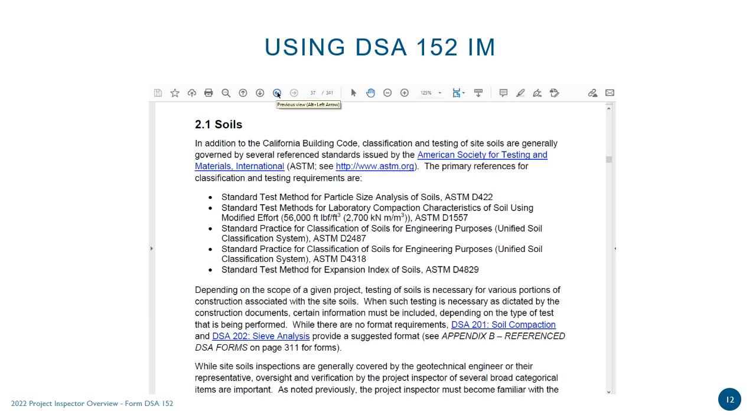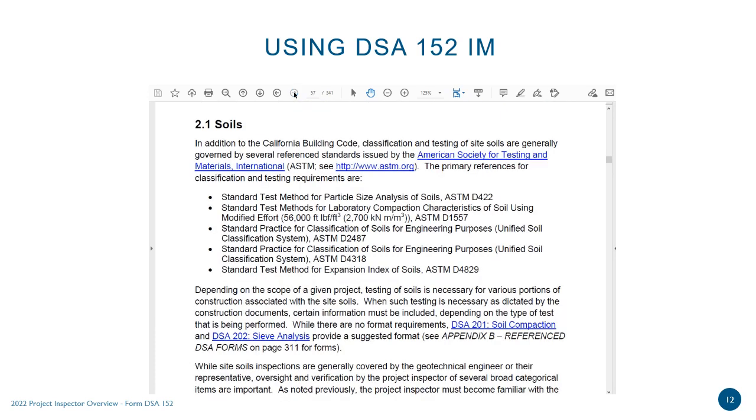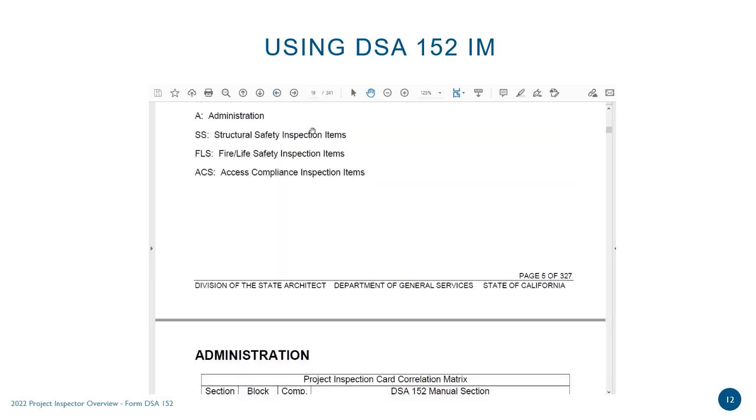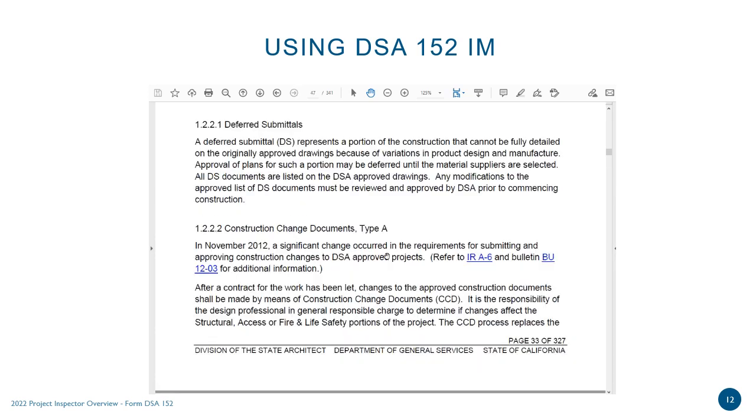I also made use of a previous view and the forward view as well. So this allows you to go back within the document based upon the different pages that you've been to. And there's also the ability to use the find feature.